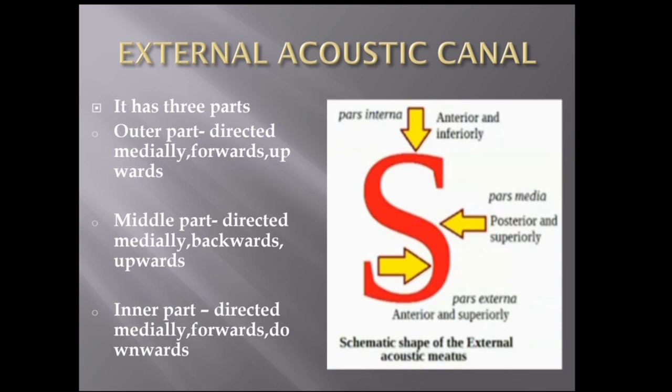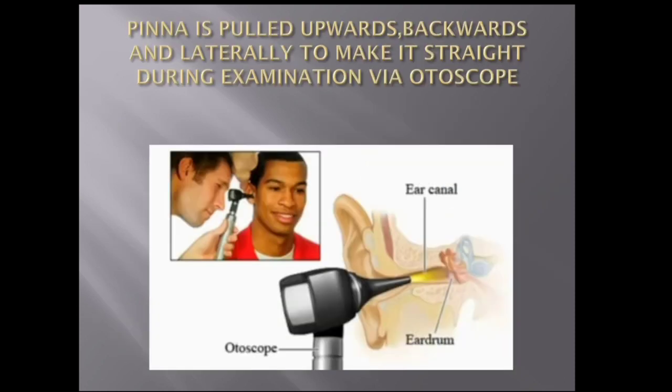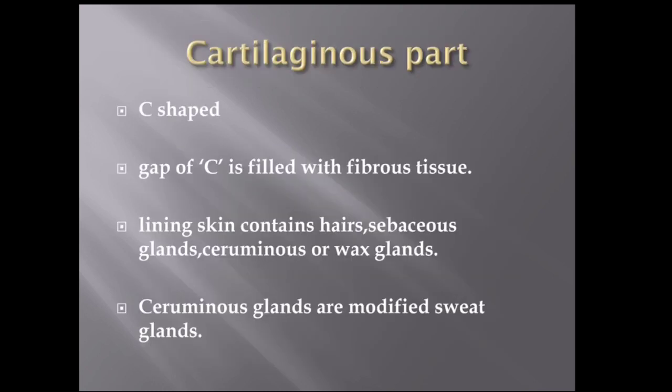It has three parts: outer, middle and inner part. Outer is directed medially, forward, upwards; middle is directed medially, backward, upward; and inner part is directed medially, forward, downwards. Pinna is pulled upward, backward and laterally to make it straight during examination via otoscope.